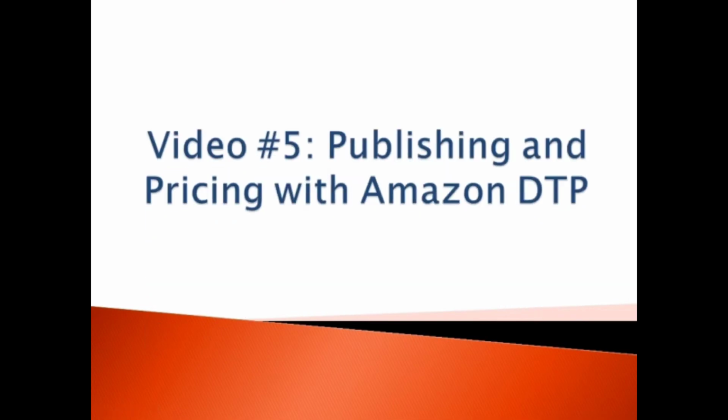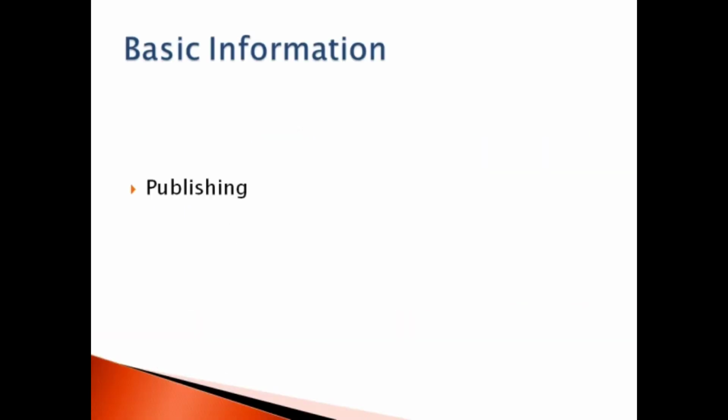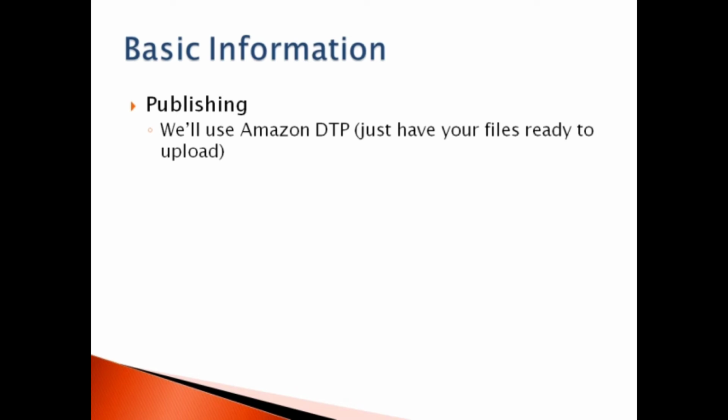Hello and welcome to video number 5, which is all about publishing and pricing with Amazon DTP. Now, before we get started, I want to talk about some basic information publishing wise. We're going to use the website Amazon DTP. It's a website that gives you the ability to upload your files to the site, and then you can choose publishing features, options, and then pricing and things like that.